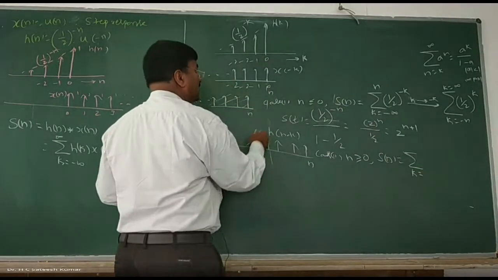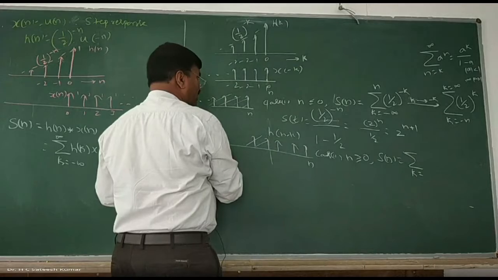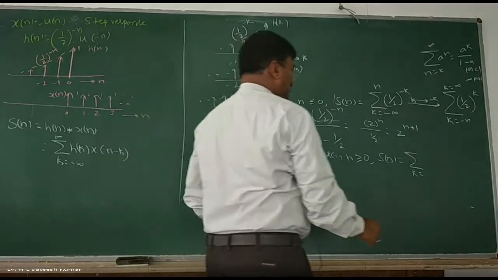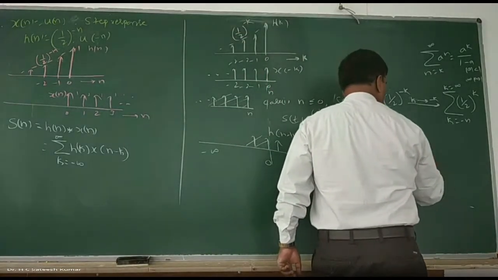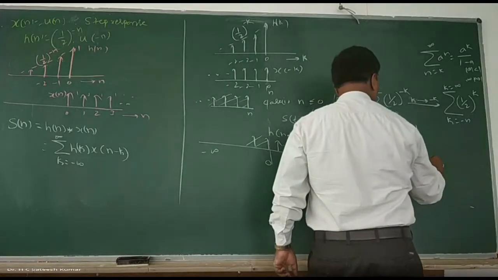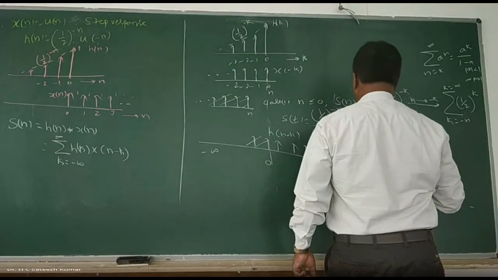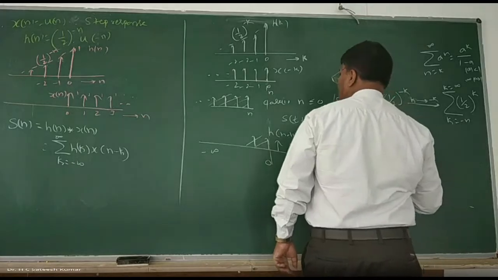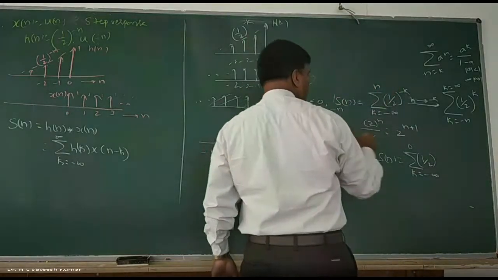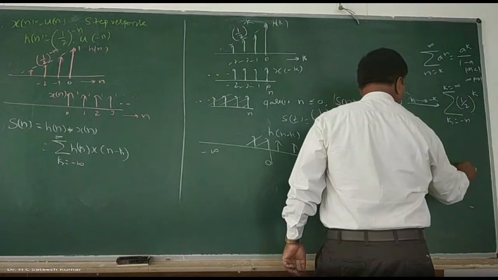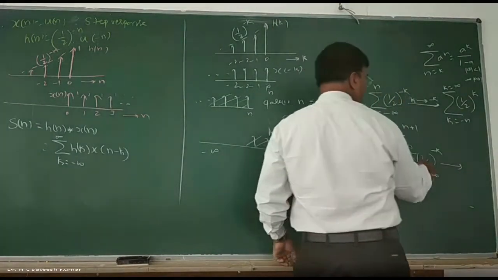Once again, the overlap of this signal is not there. Half to the power of minus k. Once again, we don't have a formula for minus infinity to 0.